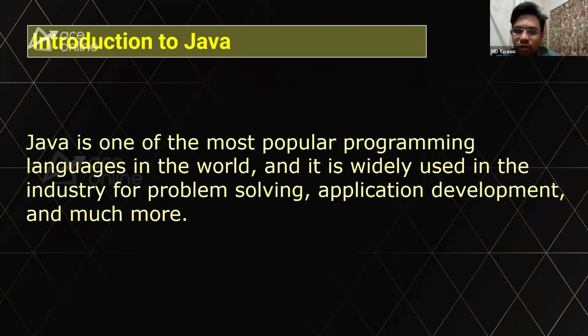Java fits perfectly in both these areas. That's why Java is one of the most preferred languages for competitive programming, I mean problem solving, as well as application development. For this reason, Java became the number one choice for most programmers.